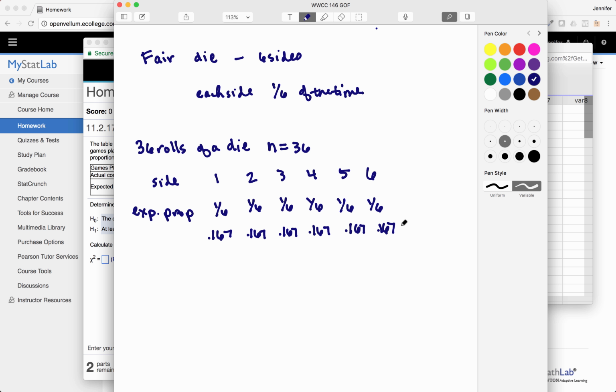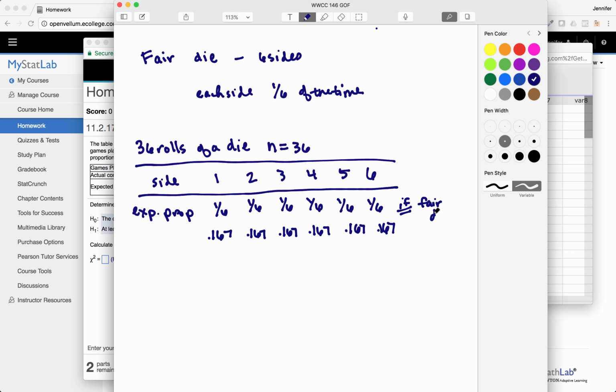We'll see about that later on in another example. So in this little table that I've been writing here, we have the different sides. We have what we expect to see if we have a fair die. But then we have data that we collect.